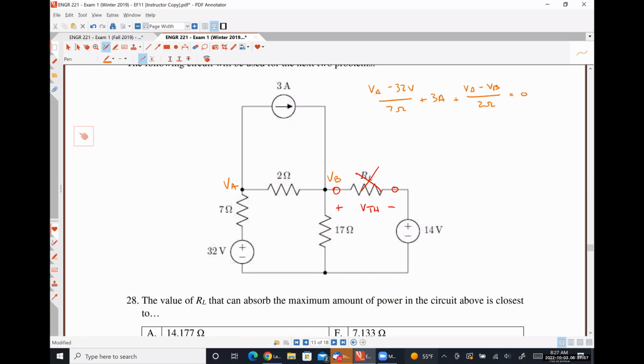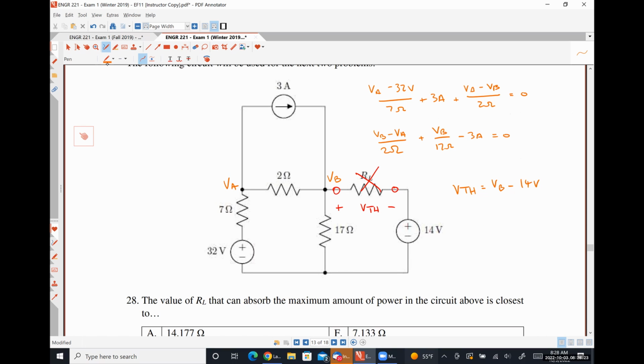For node B, we would have (VB minus VA) over 2 ohms plus VB over 17 minus 3 amps is equal to 0. Solve, solve, solve. V Thevenin is simply VB, minus 14 volts.